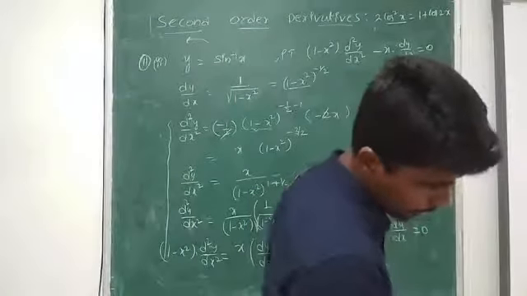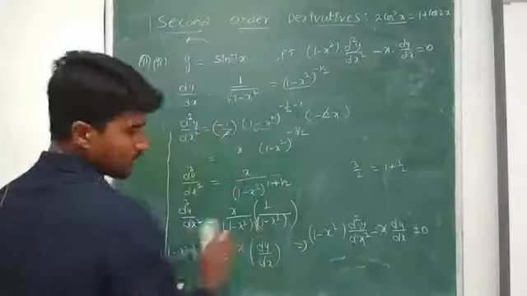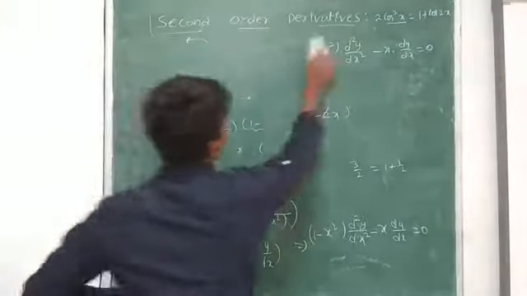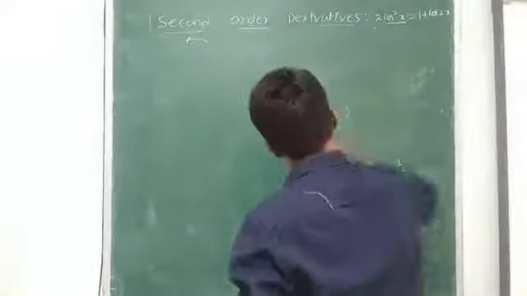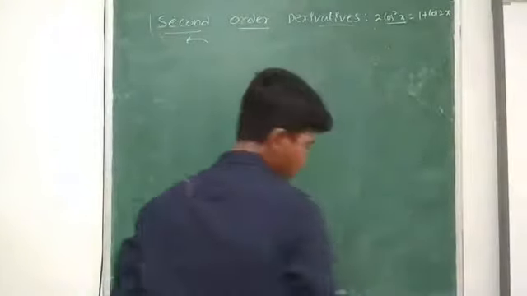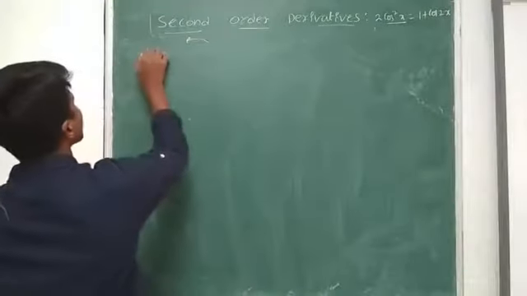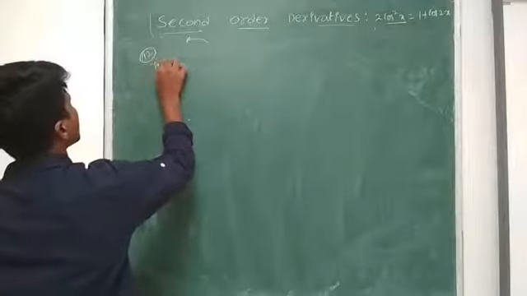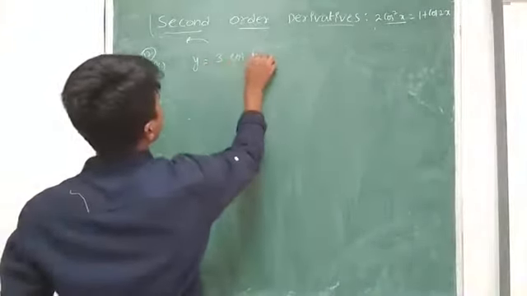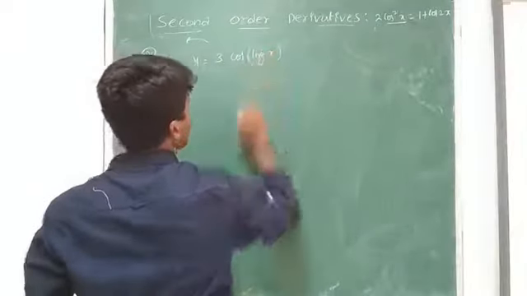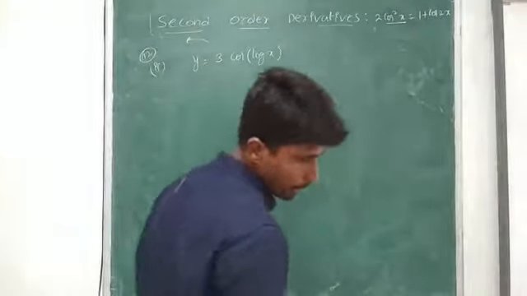Now next one, 12th main second, you consider. y is equal to 3 cos log x plus 4 sin log x.